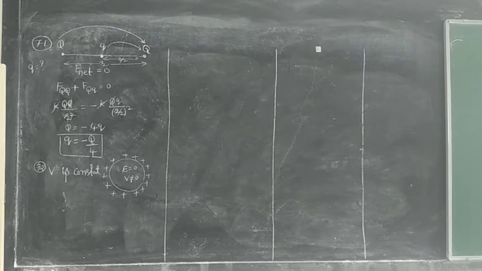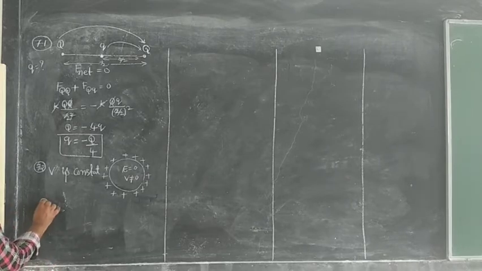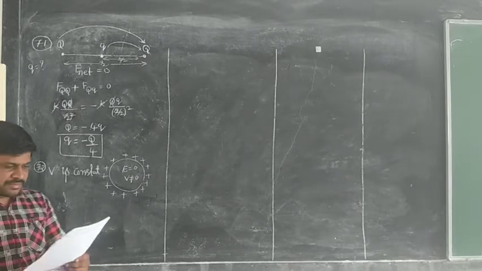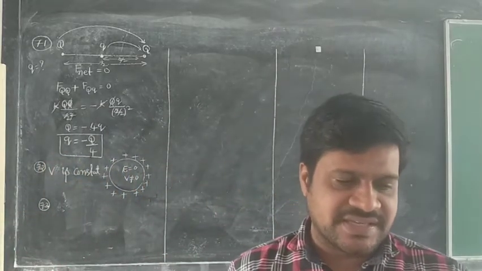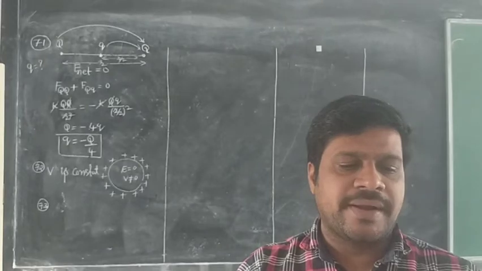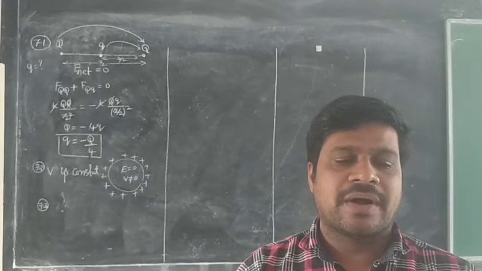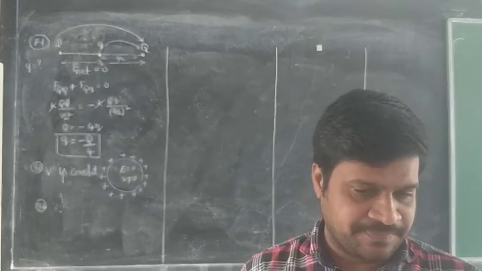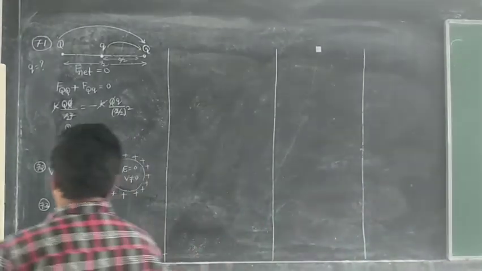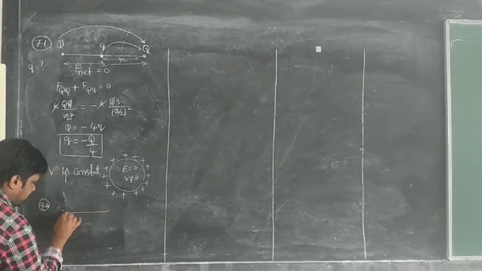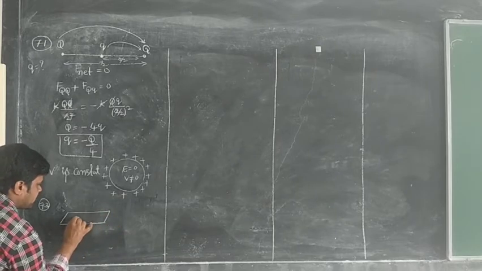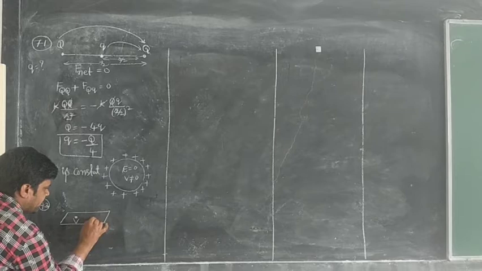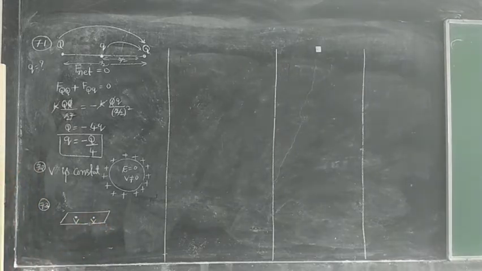Right, next one, problem number 73. What is problem number 73? If a unit positive charge is taken from one point to another point over an equipotential surface, then, for example, this is one equipotential surface, and on this surface at every point the electric potential is constant.